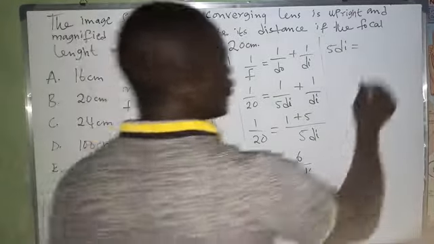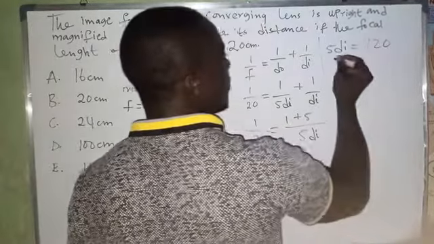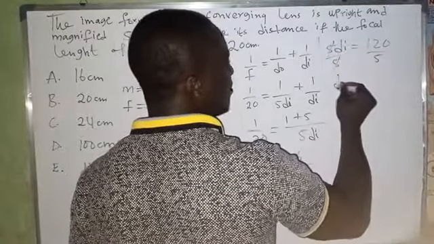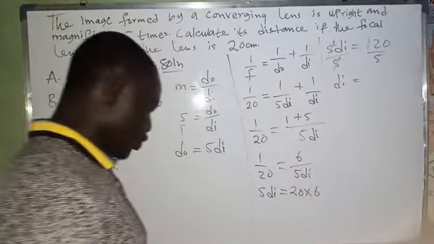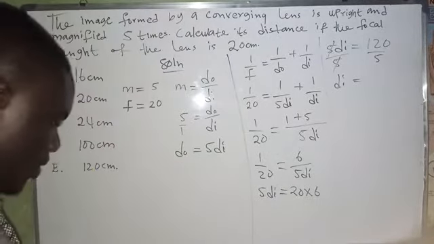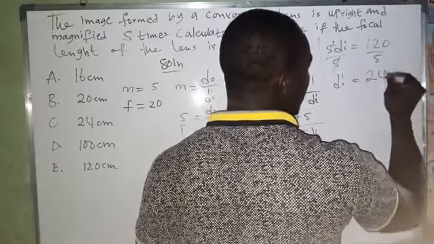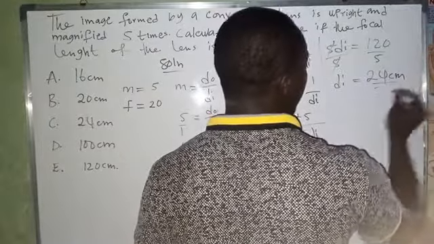The result is 120, and if we divide both sides by 5, the image distance is going to be equal to 120 divided by 5. So that the image distance is going to be equal to 24 centimeters.